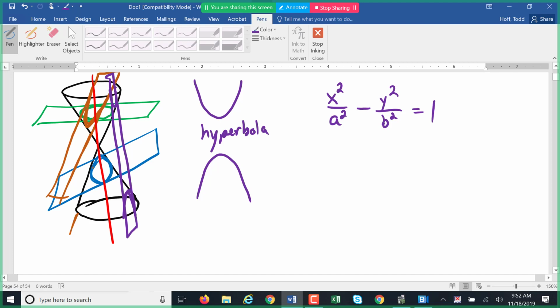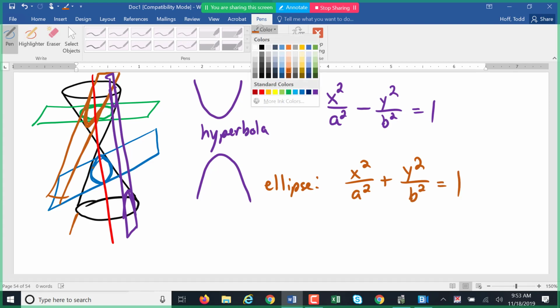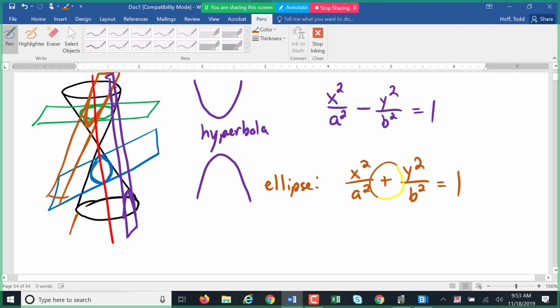Notice that looks very much like the standard equation for an ellipse, with one big difference. The ellipse was plus. The hyperbola is minus.